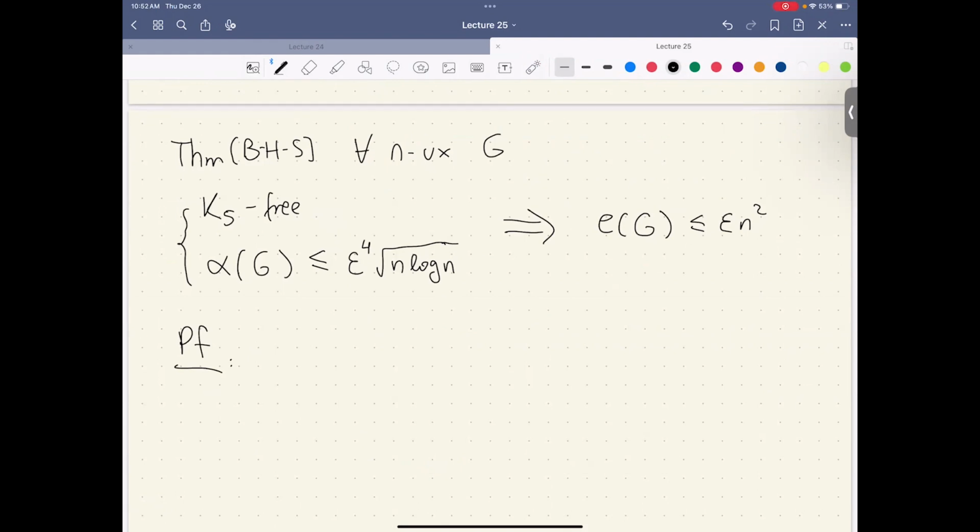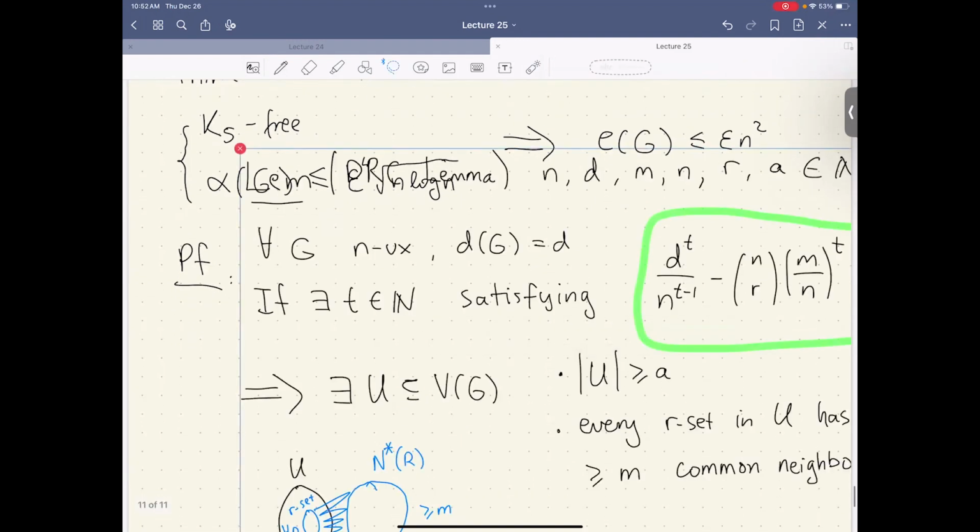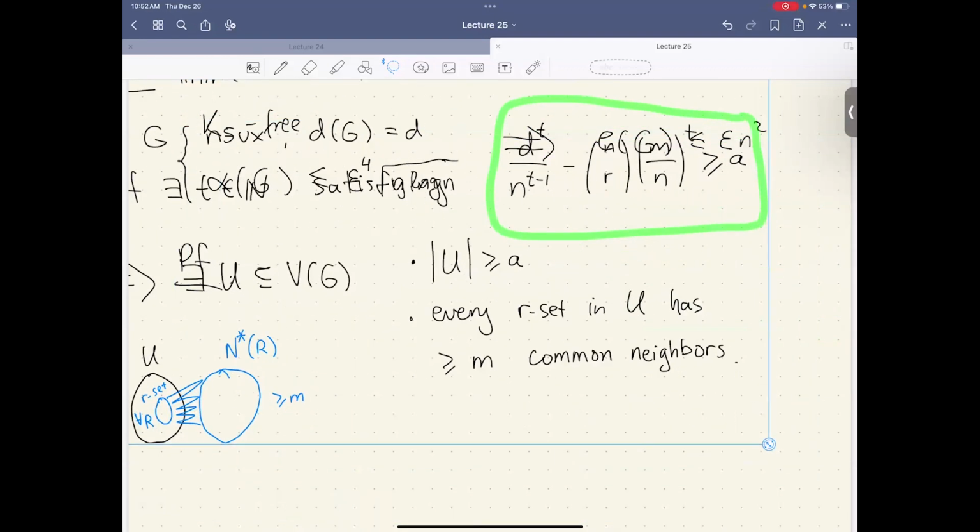Okay. So we're basically going to apply dependent random choice.